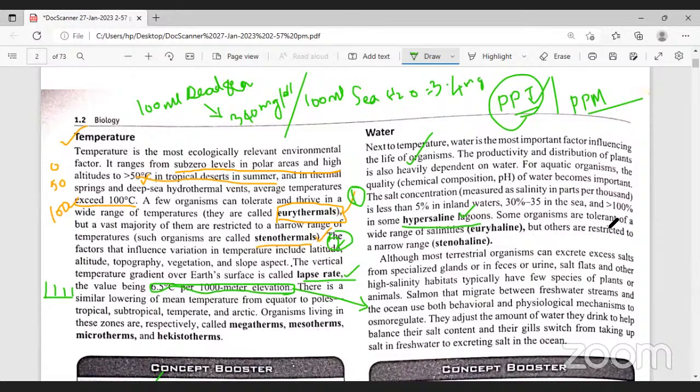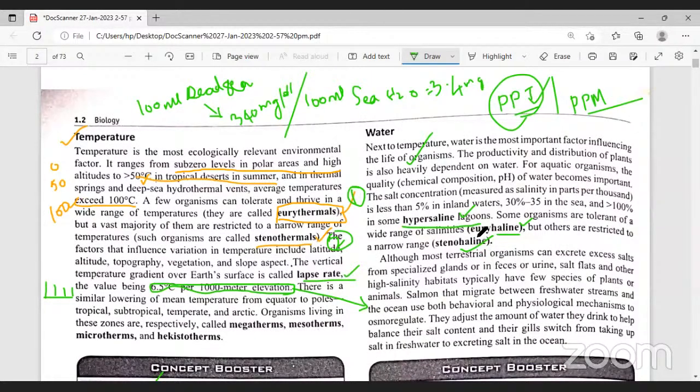Some organisms are tolerant of a wide range of salinity, called euryhaline. Already you studied this in the bacteria classification, isn't it? Eubacteria, euryhaline. But others are restricted to a narrow range, which is called stenohaline. These are the two types of organisms depending upon their water salinity.